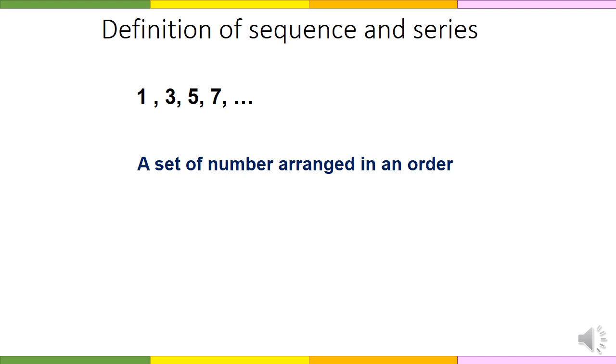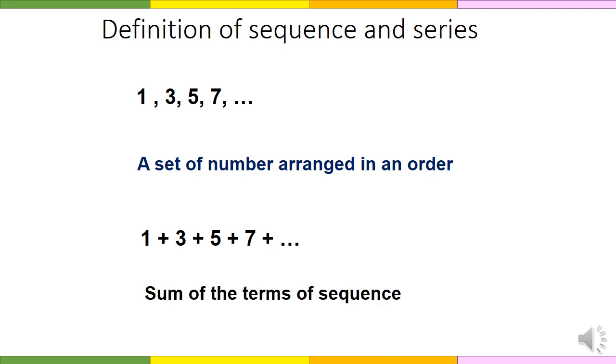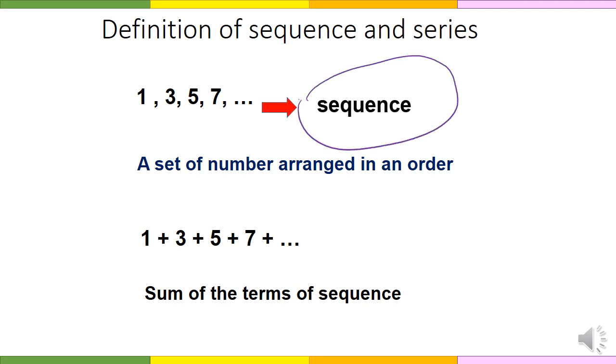This is a set of numbers arranged in an order. So what order is this? 1 plus 3 plus 5 plus 7 plus dot dot dot. This is the series. So it is a sum of the terms of the sequence. So the first part is the sequence with commas, and the second one is the series with the plus sign.